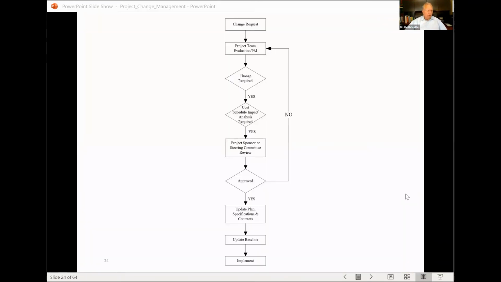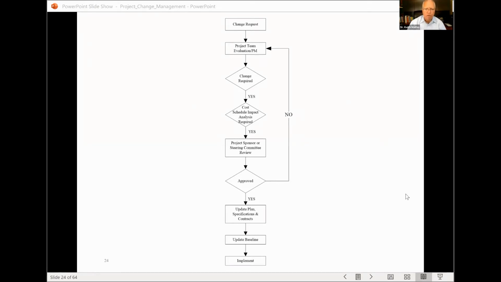All right, so if we're looking at the change request, let's walk through this process and run you through this very quickly. A change request is made by somebody. The project team evaluates it. If the change is required, then you have some type of cost, schedule, impact analysis to determine what's going to happen to your project.